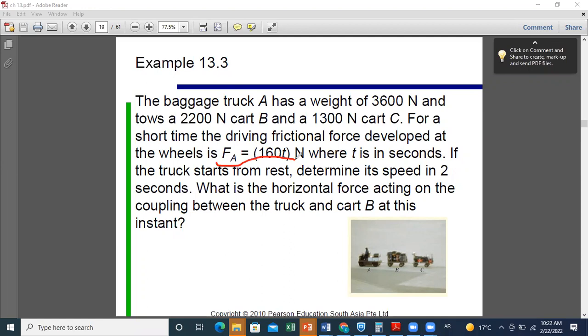However, in some cases, you have cars where the driving friction force will act only on the front wheel, while for other cars, you have the driving force acting on the backward wheel. So it will depend on the car. Here, they are saying that for this system, the driving friction is only transmitted to the wheels of car A.